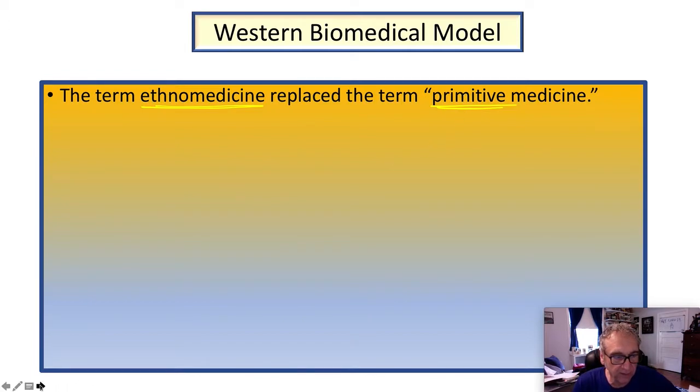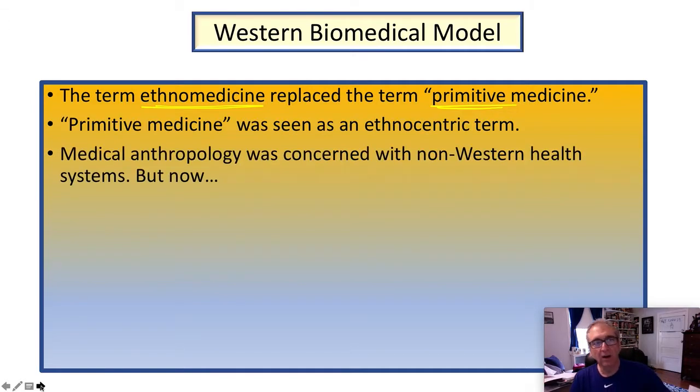Eventually there was a belief that calling other people's systems of healing primitive was ethnocentric. And so eventually we scrapped this whole idea of primitive medicine, and we talk about healing systems in general now.